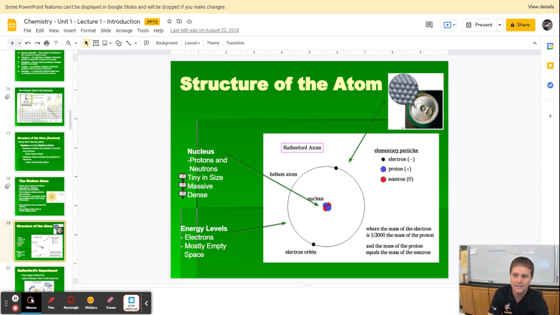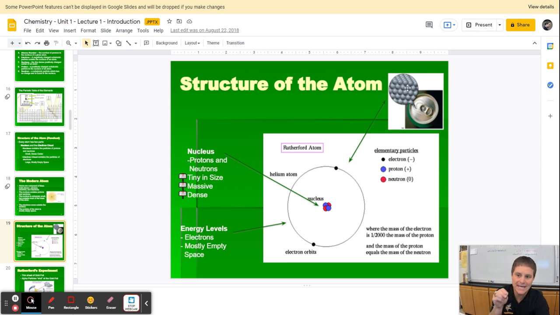The nucleus is very tiny in size, but it's very massive, which means it's dense. This outside region here is the electron cloud. We're going to find out later that the electron cloud is broken up into energy levels. And that is where the electrons are flying around. And this area out here is mostly empty space.